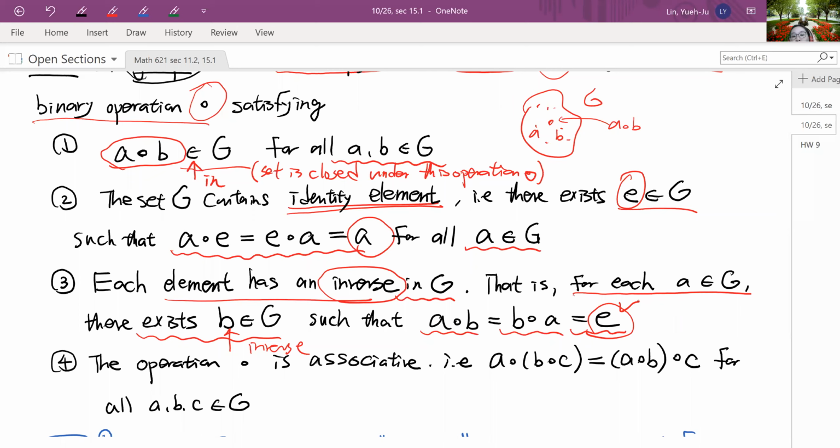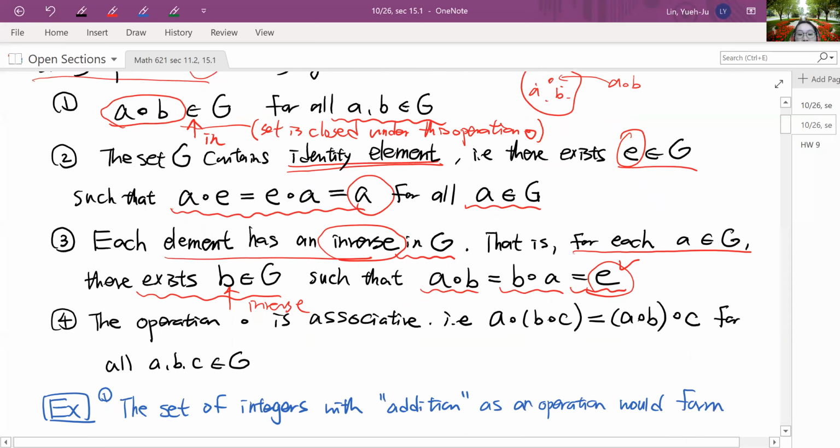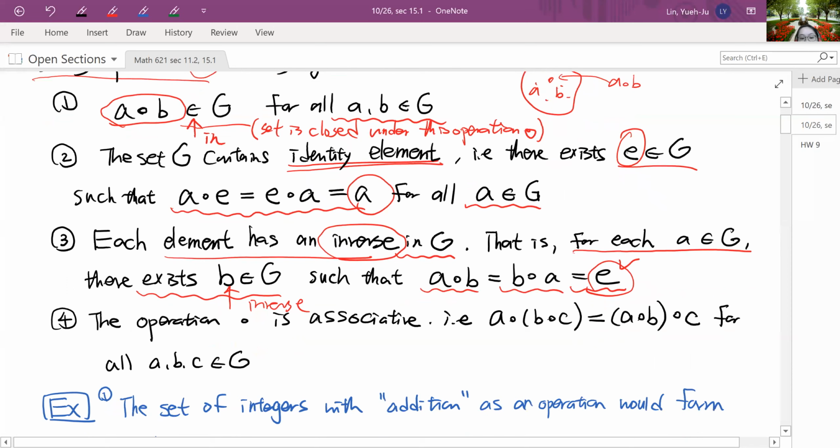So now if you know that there's an identity element and there's an inverse which is also in G, then the last thing is usually the easiest to check. You want to make sure your operation is what we call associative. That means if you do B acting C first, and then acting with A, it's the same as doing A operate with B and then operate with C, in this order.